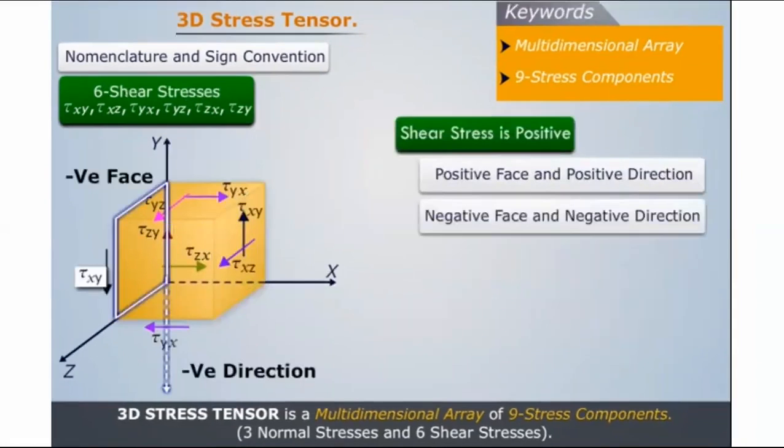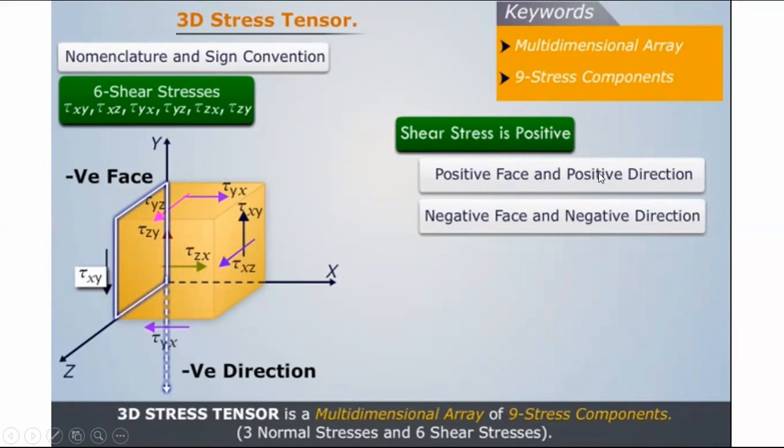Now, shear stress, whether it is positive or negative, how do we calculate it, or what is the sign convention? If the positive face and positive direction are given in the diagram, then it is called positive shear stress. Both, that means direction and face, should be of the same sign. Here you can say negative face and negative direction will generate positive shear stress.